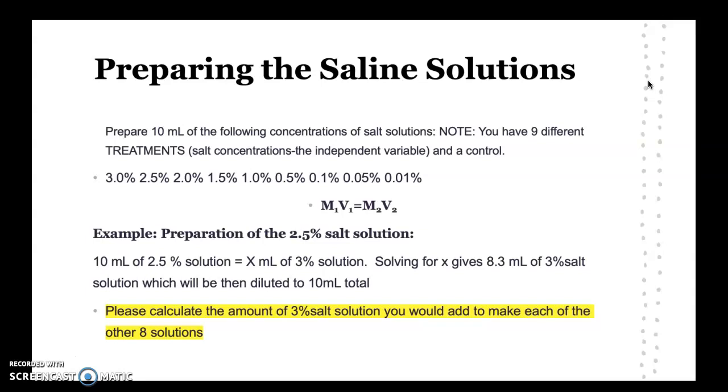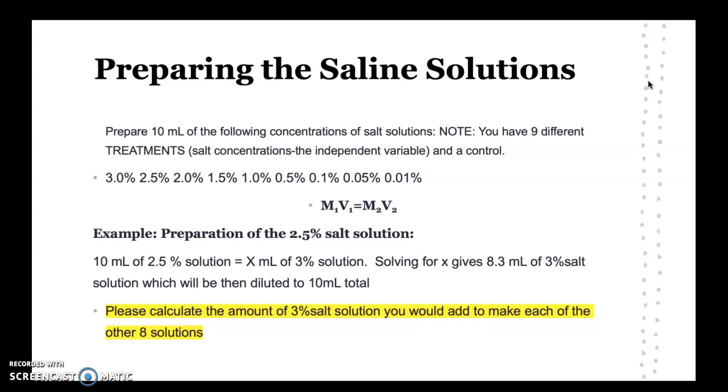It's very interesting when you look at how much of the stock solution is used. When you get down into those lower amounts, it's a really small amount of the 3% solution, and so they're really mostly water. Actually that makes sense because we're doing a dilution.